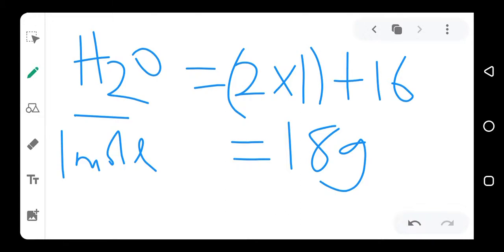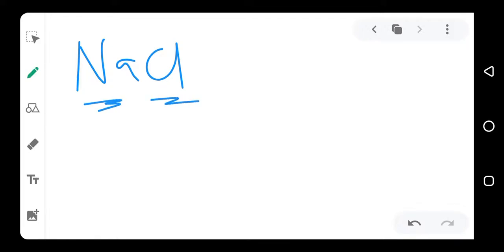In the same manner, if we are given sodium chloride to find the molar mass and we don't have an instrument to weigh 1 mole of sodium chloride, what we do is calculate the molar mass from the component atoms, which are sodium and chlorine.